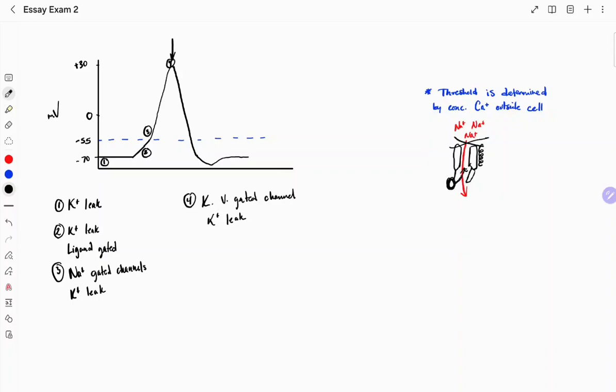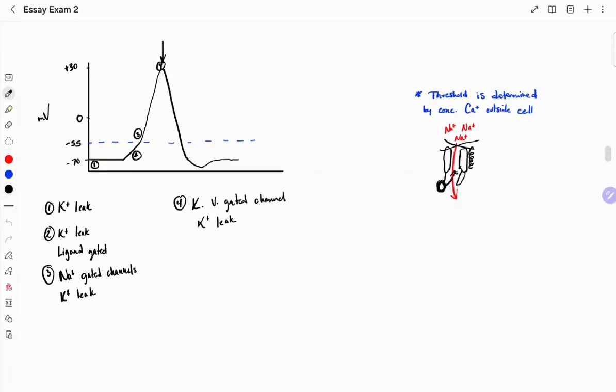So, let's see. This is what we would call an action potential, such as what would happen in a neuron.